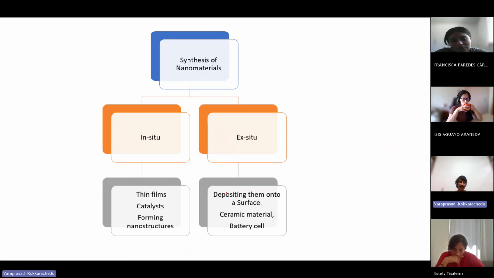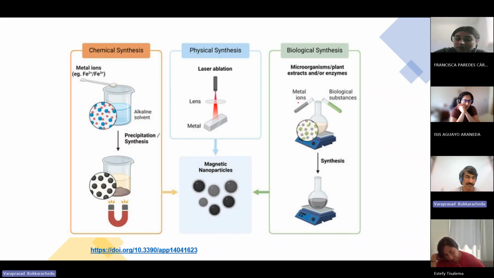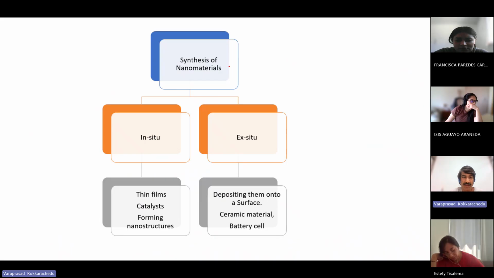And now we have to forget about all those things. Now we are going to discuss the updated, very small things. This is a different kind of synthesis process. Same as this one, but I'm explaining it a little differently. Synthesis of nanoparticles, they also call it by different methods.